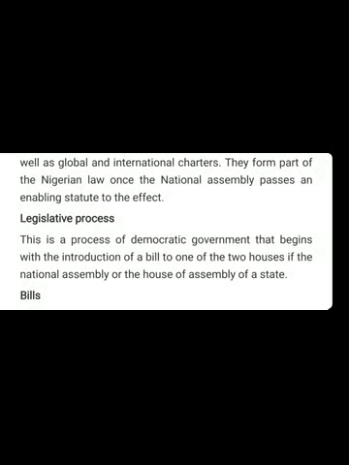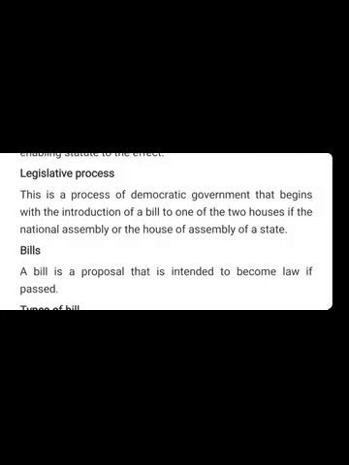Now, legislative process is a process of democratic government that begins with the introduction of a bill to one of the 2 houses of the National Assembly, or the House of Assembly of a state.